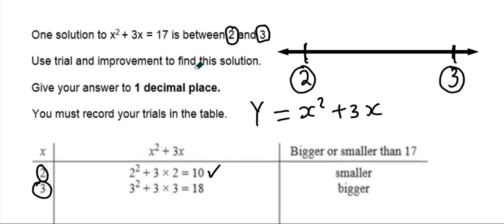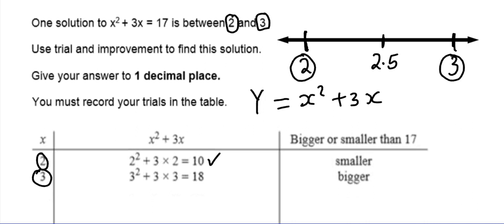Okay. All right, now let us try the numbers between 2 and 3. We first start with the number exactly at the middle of 2 and 3, and this is 2.5. So we have to try 2.5 and see how much we get.